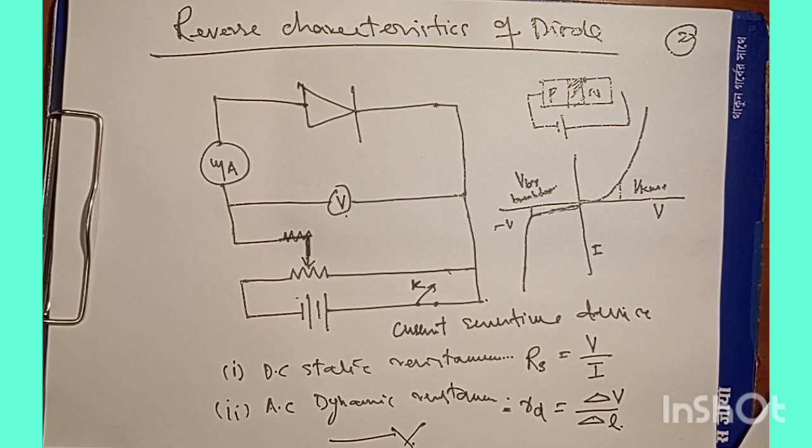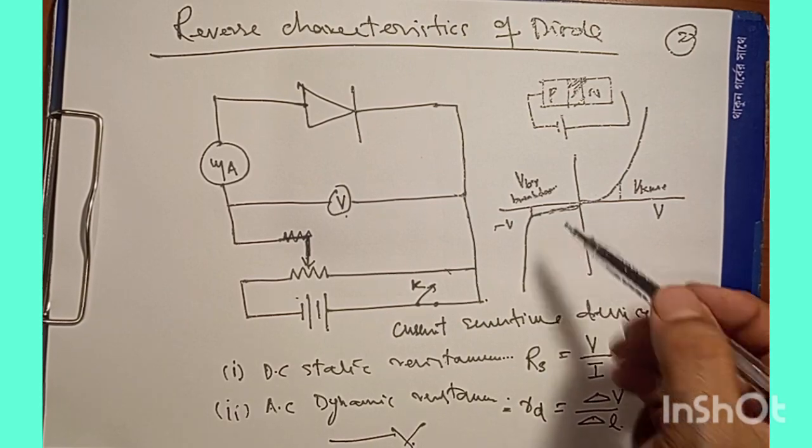So we have understood that on characterizing a PN junction diode, we have two modes: the forward biasing mode and the reverse biasing mode. In forward biasing mode, we have a non-ohmic behavior between voltage and current, and in reverse biasing mode, the magnitude of current is extremely small.